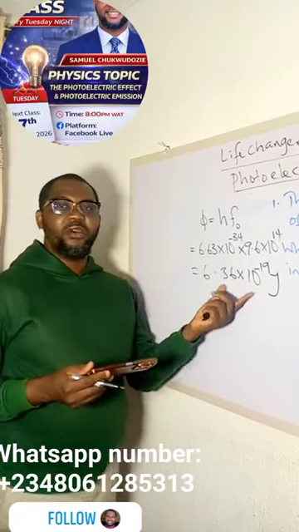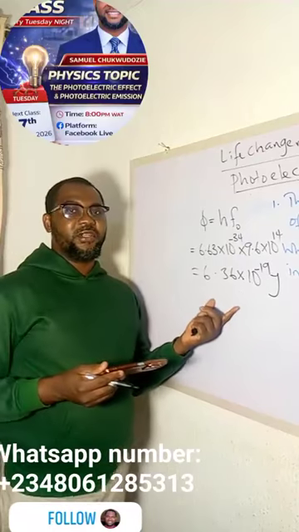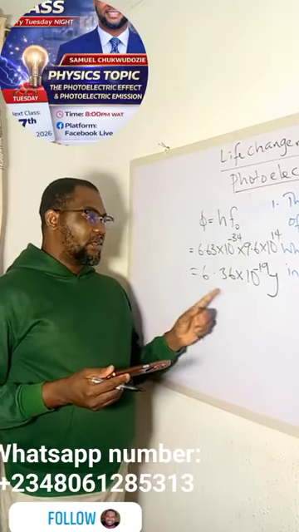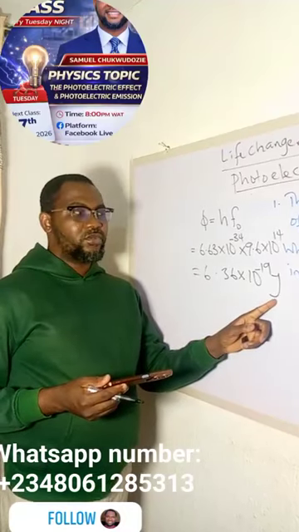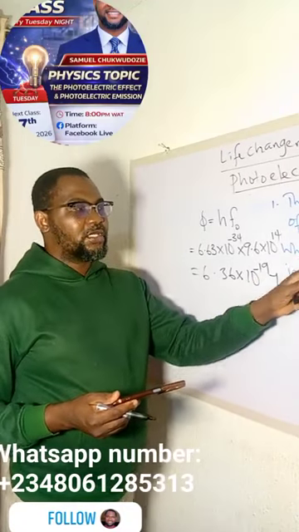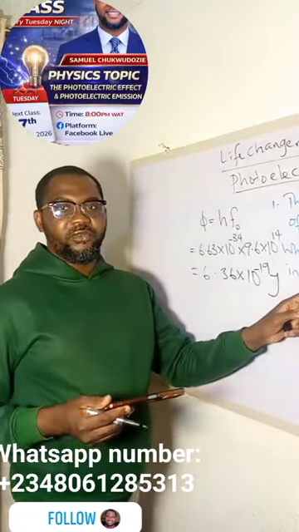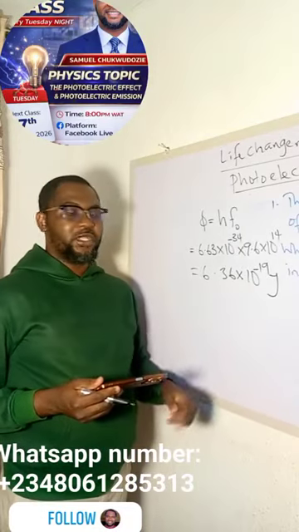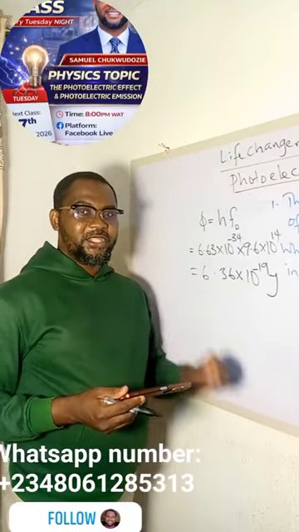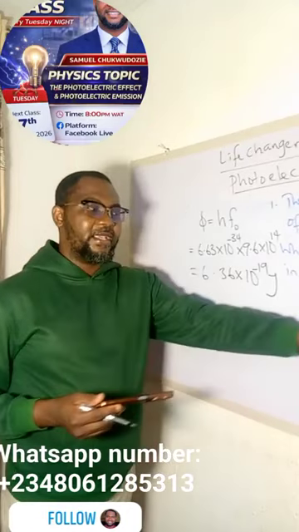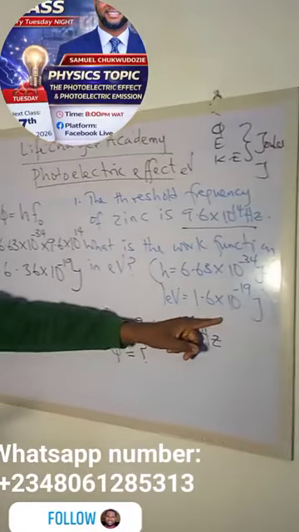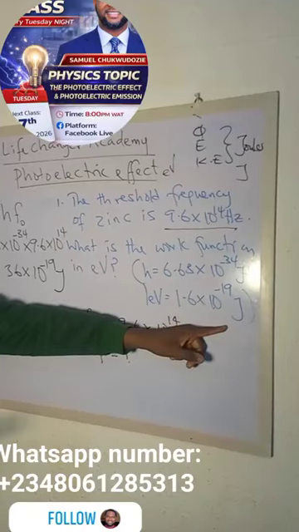But if you leave your answer like this, you have not answered the question correctly, because the unit here is joules. The question says, what is the work function in electron volts? That means I need to change these joules to electron volts. The only way is to divide by 1.6 times 10 to the power minus 19 joules.